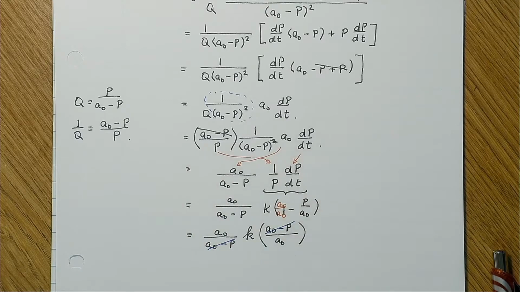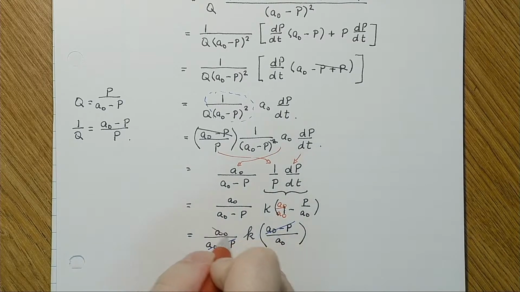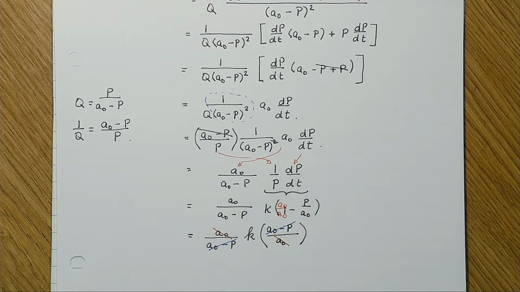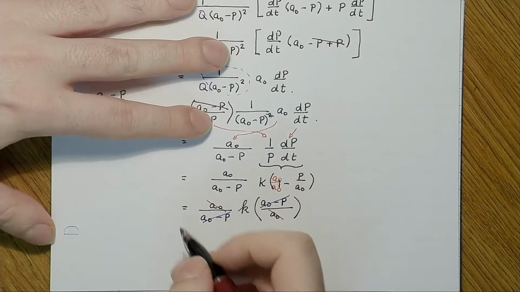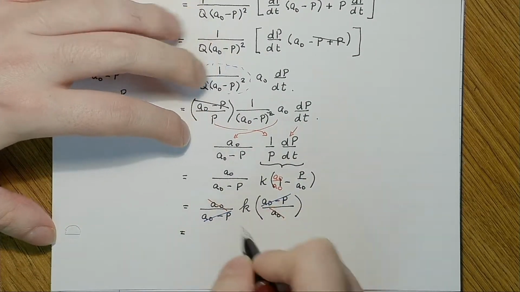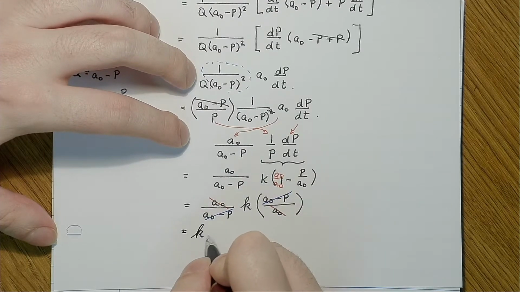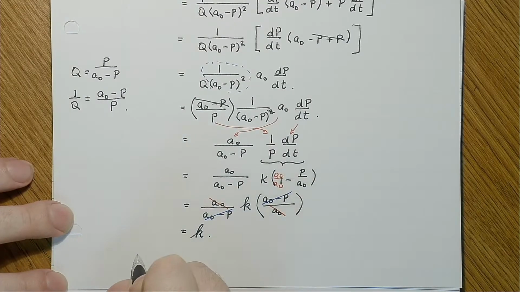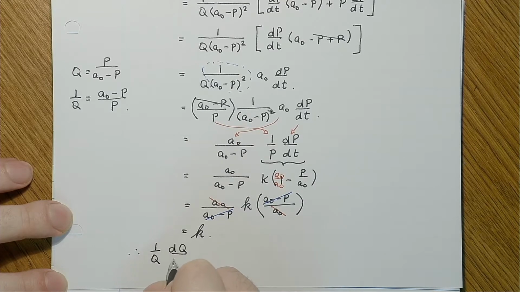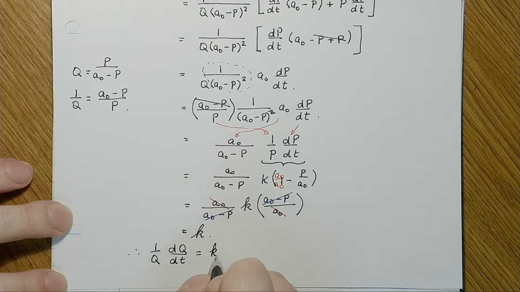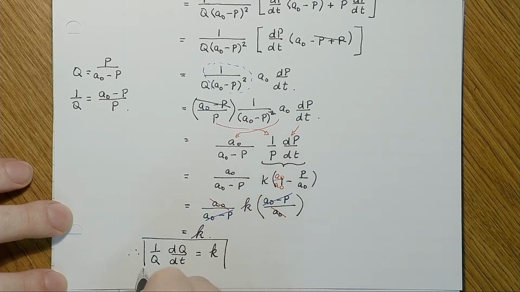I can cancel this a naught out. And after doing all that cancellation, I'm just left with k. So what I've shown there is therefore that 1 over q dq by dt is equal to k. So that's good.